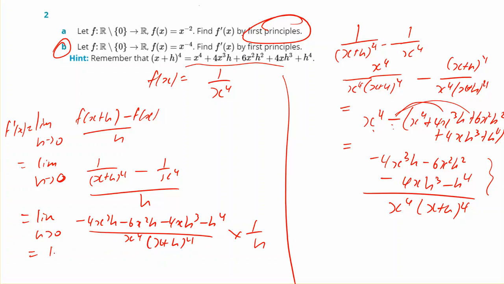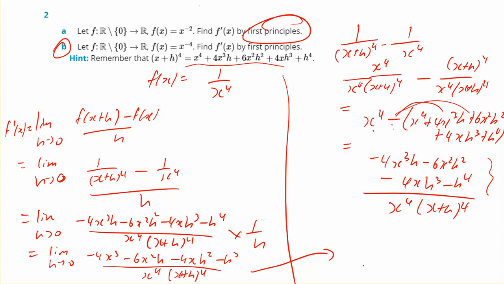I'm going to get rid of 1 h from the top because I'm essentially dividing all this by h. So you've got negative 4x cubed, minus 6x squared h, minus 4x h squared, minus h cubed over x to the 4 times x plus h to the power 4.